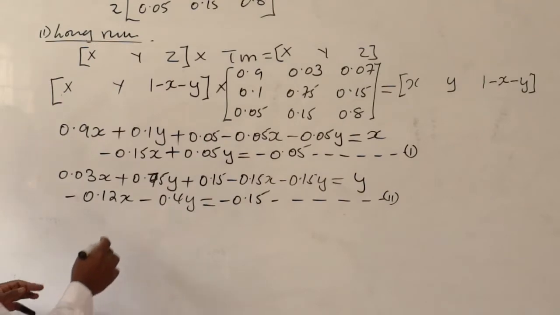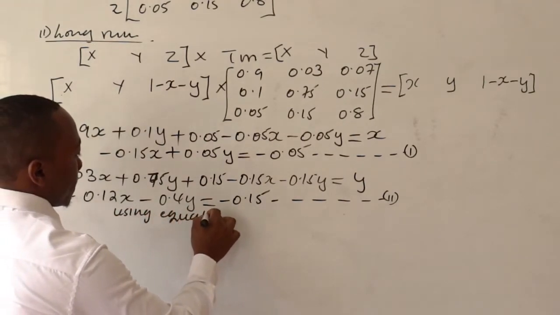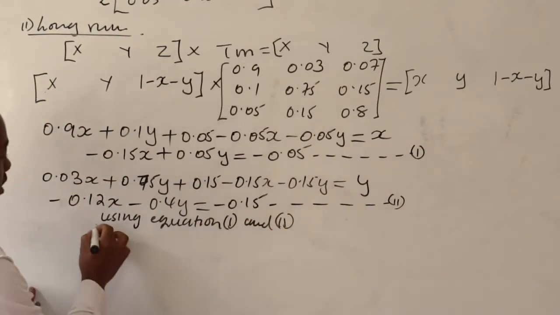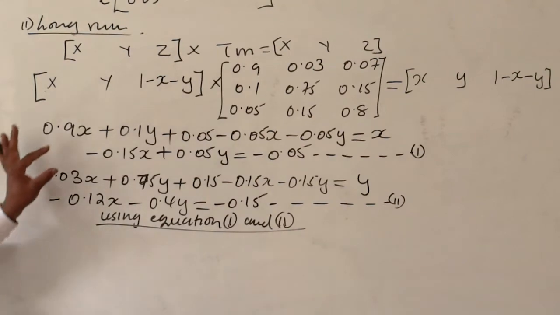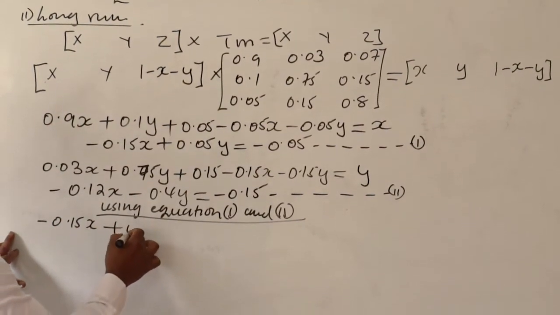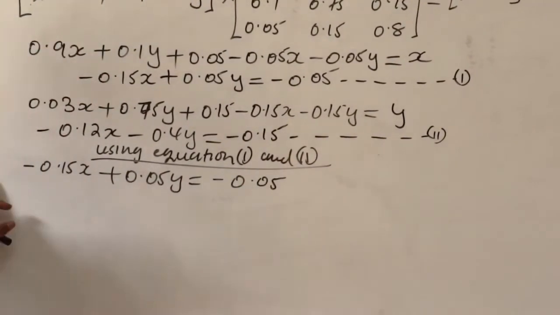Now with that, you can use equation 1 and 2. So equation 1 here, we had negative 0.15x plus 0.05y is equals to negative 0.05.